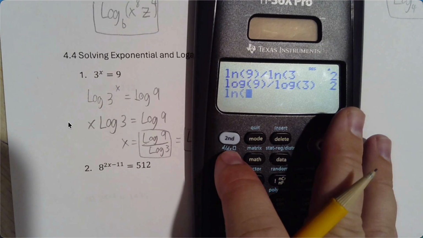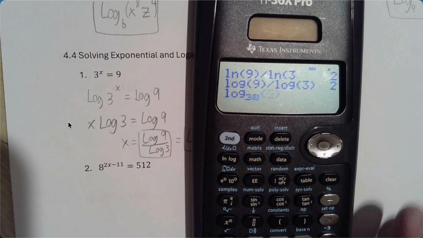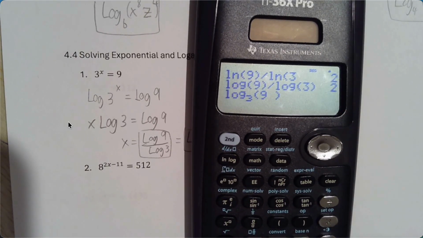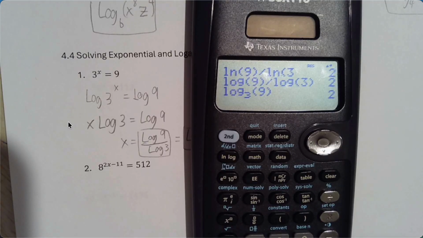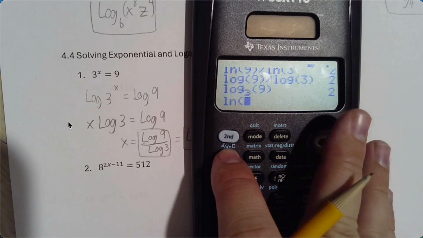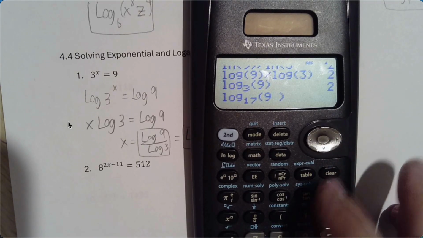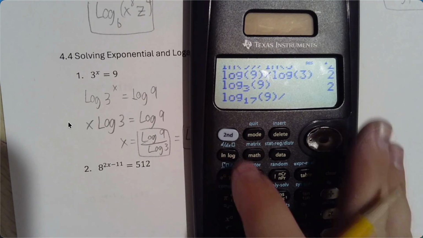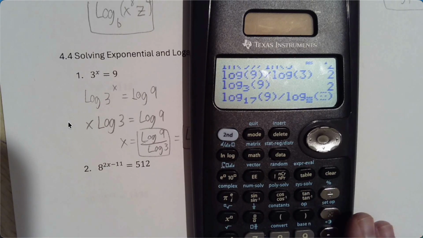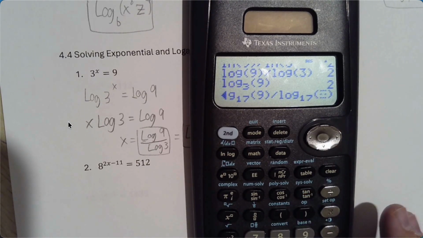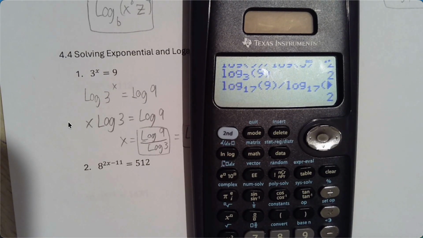I could type in the actual, once they're dividing, it looks like this. That still gets me 2. I could even go crazy, like I said, and say, what if I wanted the log of base 17? Don't do this. This is just to show off and be fancy and show you that it's possible. That still ends up being 2.